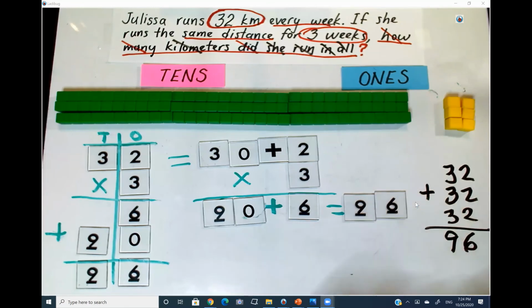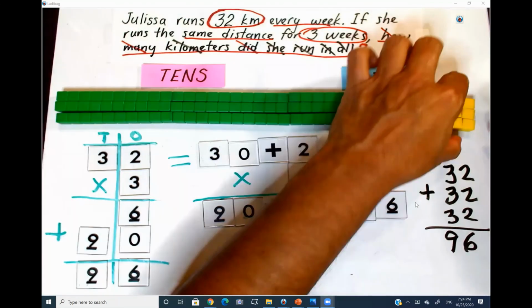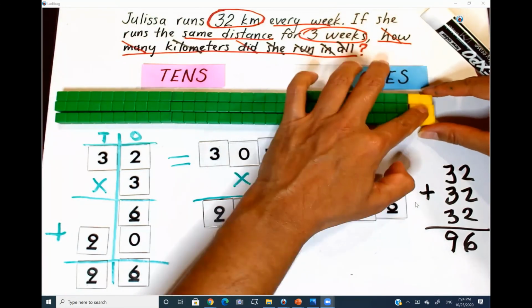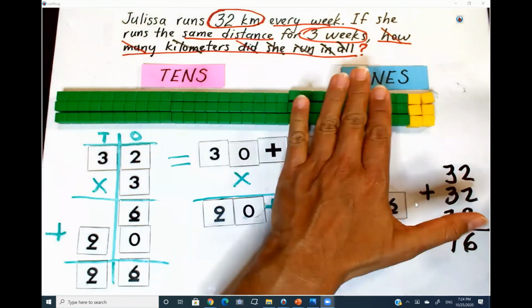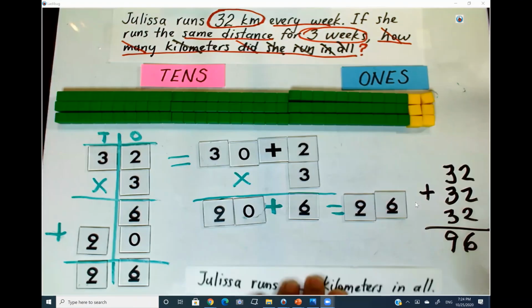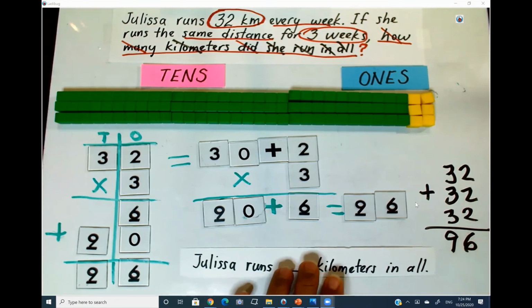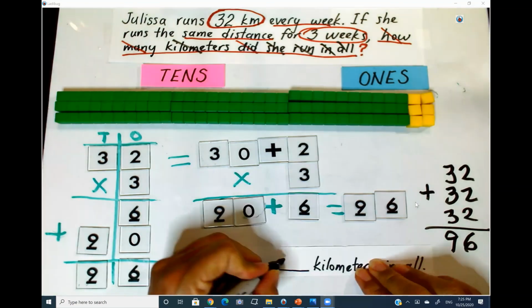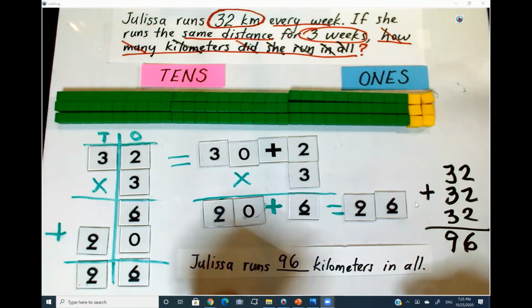So either way or any way we try to prove this, the answer is going to be the same. When we put together all the kilometers, we are going to have as an answer 96 kilometers. Now we can answer the question that we did at the beginning, which is telling us Julissa runs 96 kilometers in all.